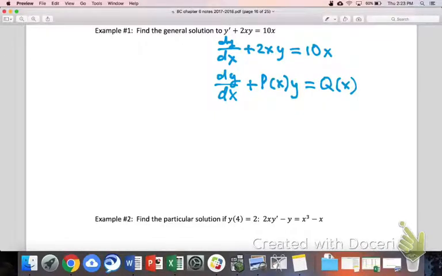Okay. So I'm going to come over here to the side, and I'm going to try to process this over here. In order for me to process this, I have to find what's called that integrating factor, the thing that's going to make it go at all. And the integrating factor, usually the letter u is used for that, although it doesn't really matter all that much. U of x equals e to the integral of p of x dx.